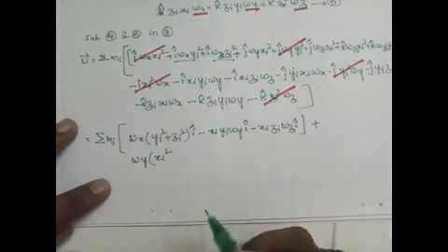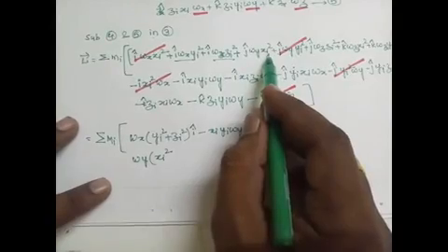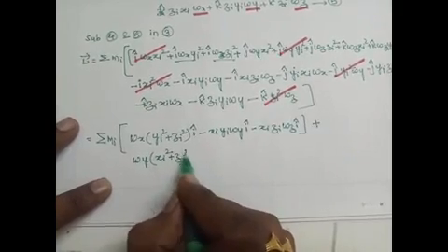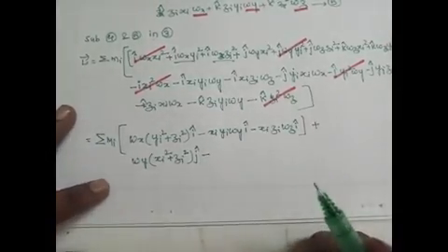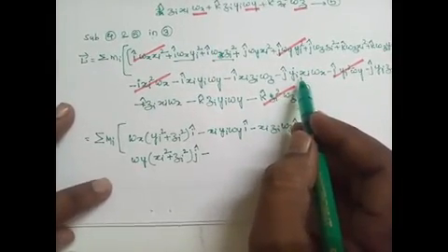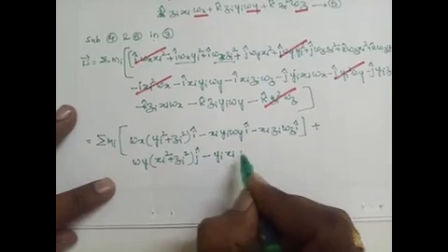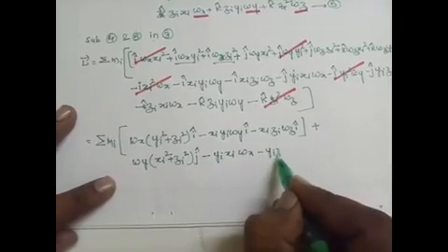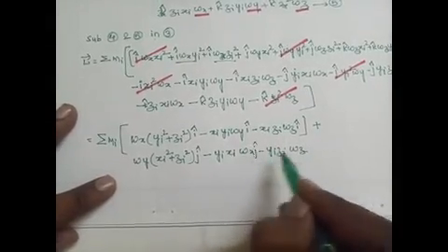Xi square, taking j cap common, so xi square, and here also plus zi square, j common, and the remaining term minus, so jth terms here. See, if you see here, you will get this one, yi xi omega x minus yi zi omega z. Okay, so all are j components.